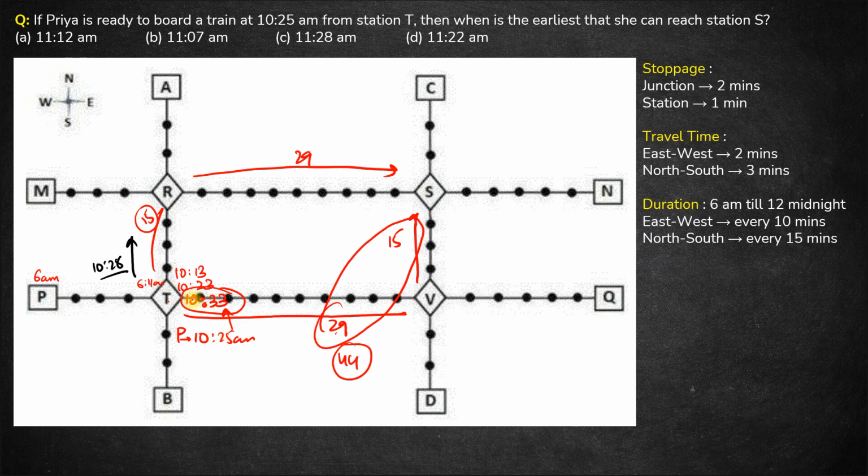Even if she starts at 10:33 and takes the least possible time, 44 minutes, considering that she does not have to wait at V, she will still take 44 minutes to go from T to V to S. And 44 minutes after 10:33 is approximately 11:17.